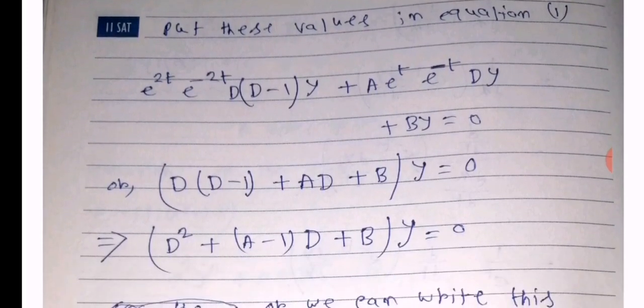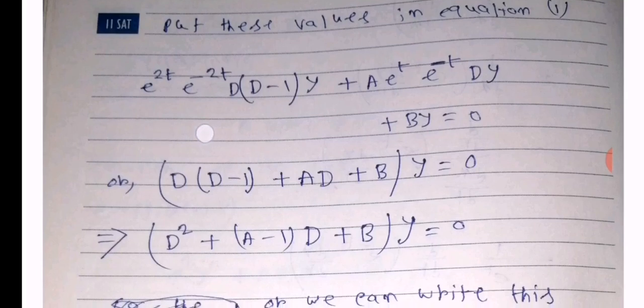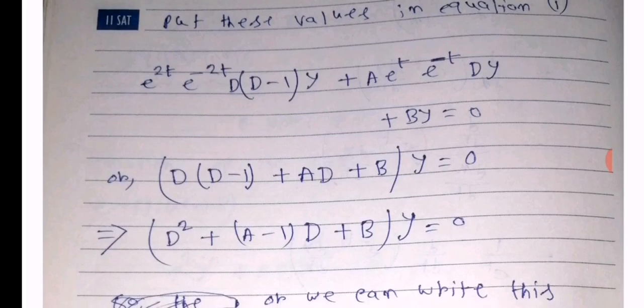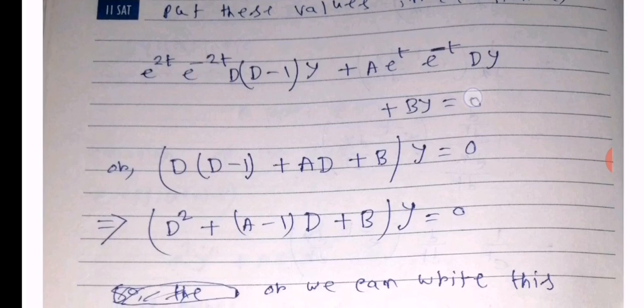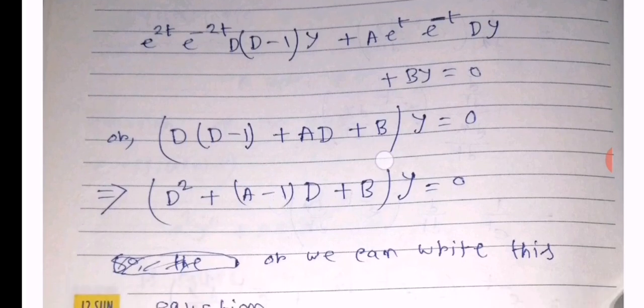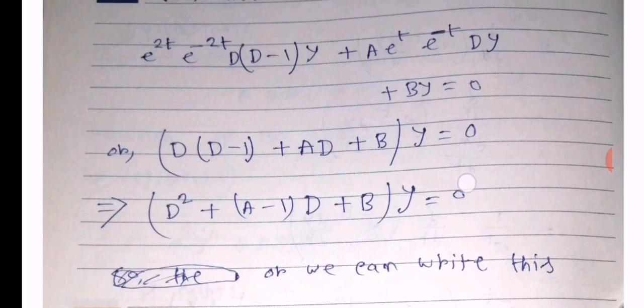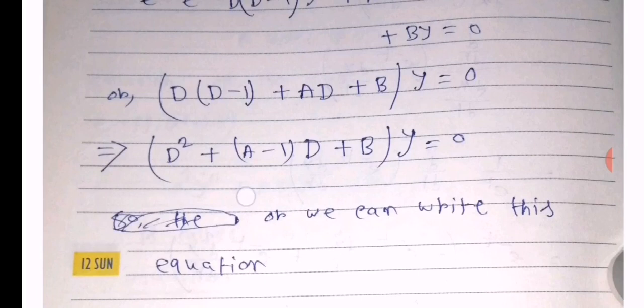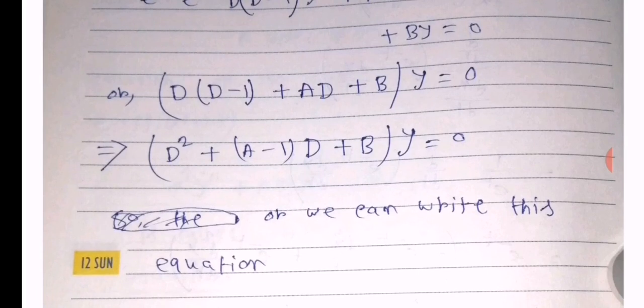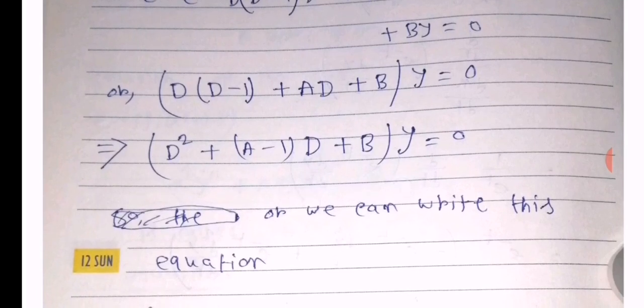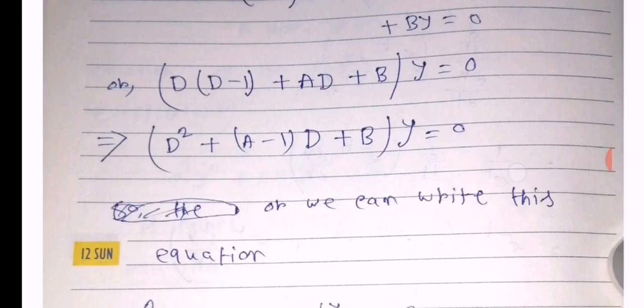So see, e to the power 2t and e to the power minus 2t got cancelled, e to the power t, e to the power minus t got cancelled. So we will finally get D into D minus 1 plus aD plus b into y equal to 0. So finally we will get D square plus a minus 1 into D plus b into y equal to 0.